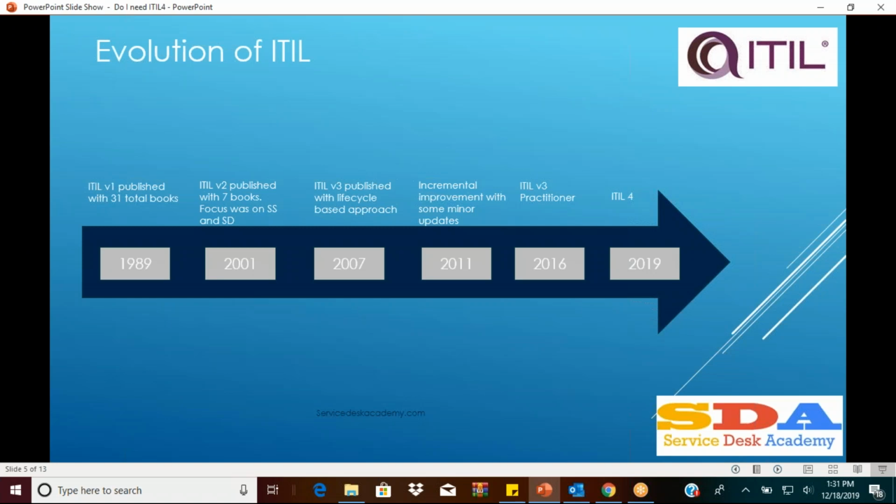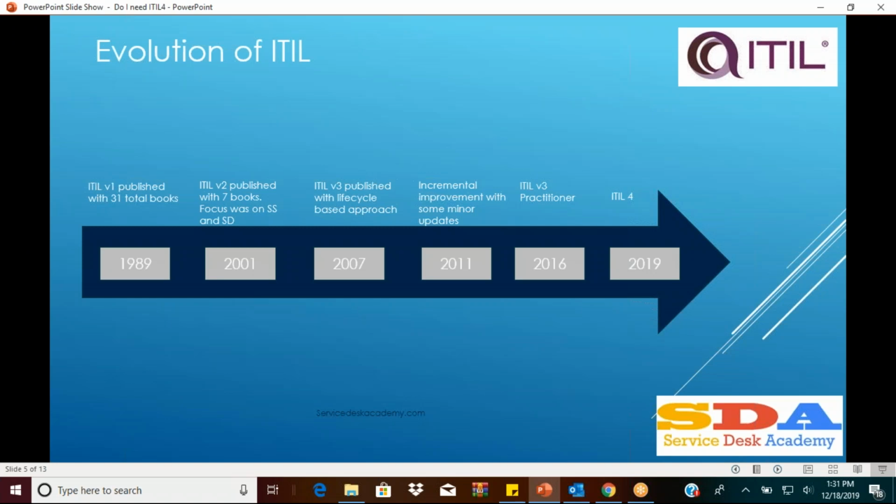In the same way, when IT was introduced in the organizations, there was some kind of lag, some kind of difficulty in the organizations.